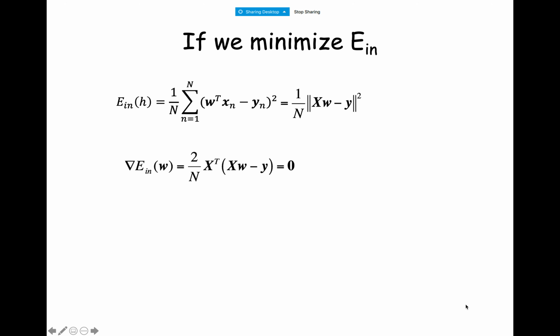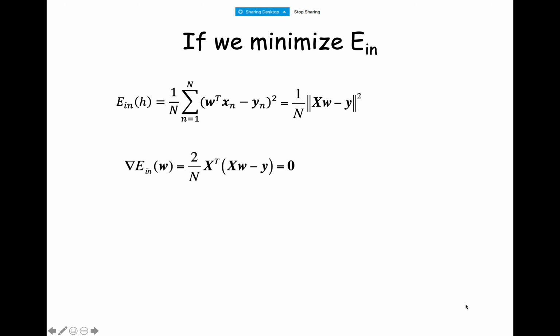We multiply both sides of equality by n. N times 0 is still 0, always has been, always will be. And so now we're left with this expression. Then, again, we want to isolate the W because we want to solve for that. We divide both sides of equality by 2, right? And we get X transpose XW minus X transpose Y is equal to 0 because 1 over 2 times 0 is 0, right?